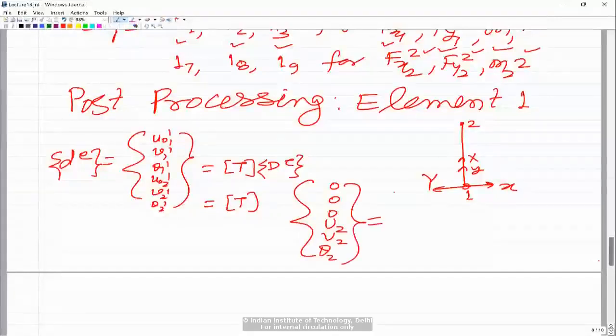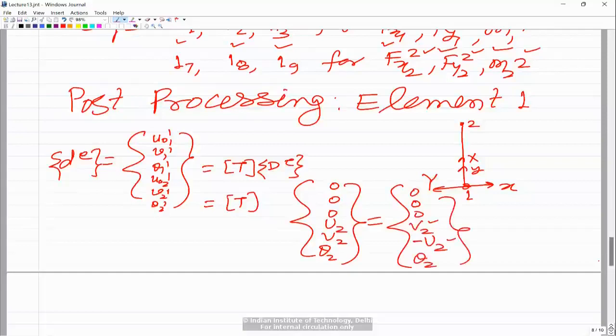And the way we have already defined the T matrix, if you multiply, you will get 0 0 0, and then v2, then minus u2, and theta will remain the same. So these two are getting interchanged, with a minus sign. So these are the local degrees of freedom.